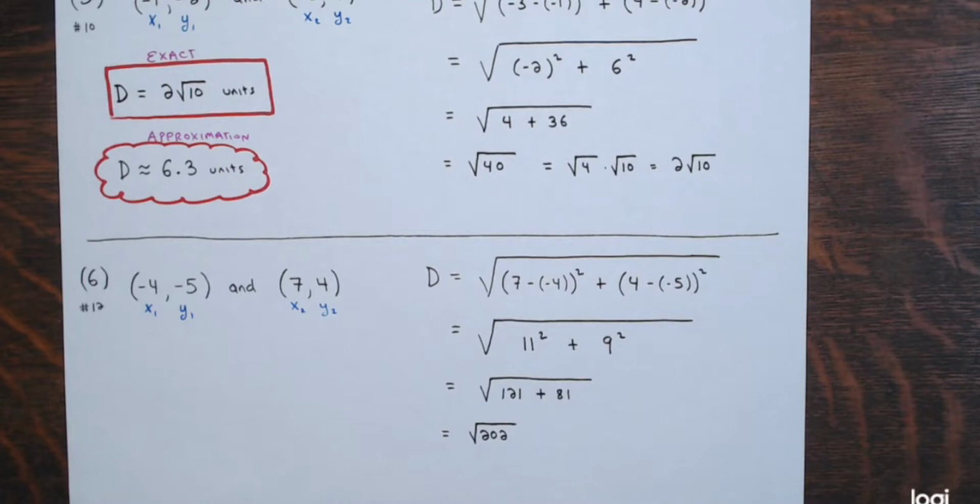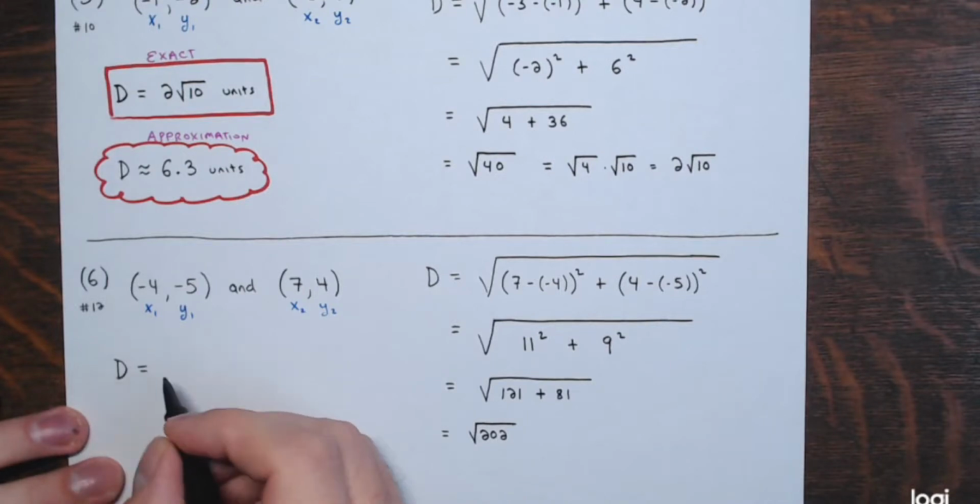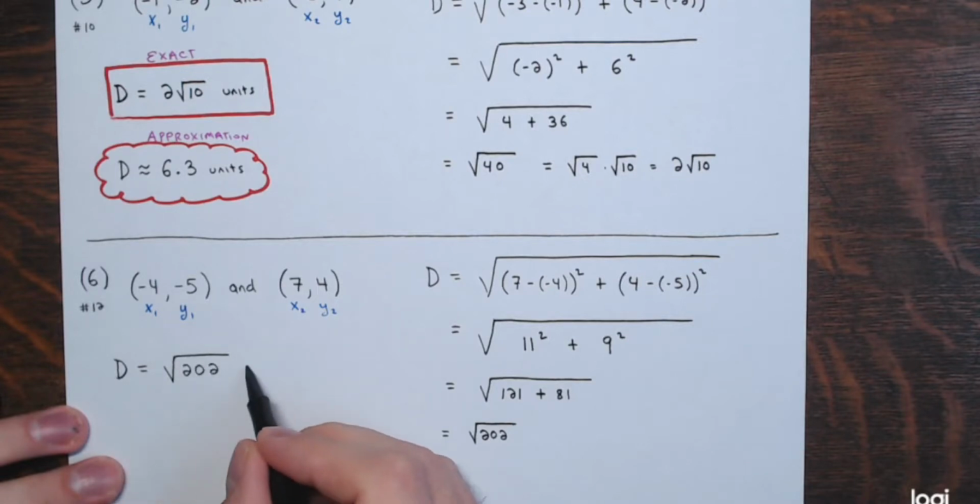And 101 doesn't factor any further. 2 and 101 are both prime. So there is no perfect square that goes into this evenly. So I can't simplify that any further. So the distance between these 2 points is the square root of 202 units.